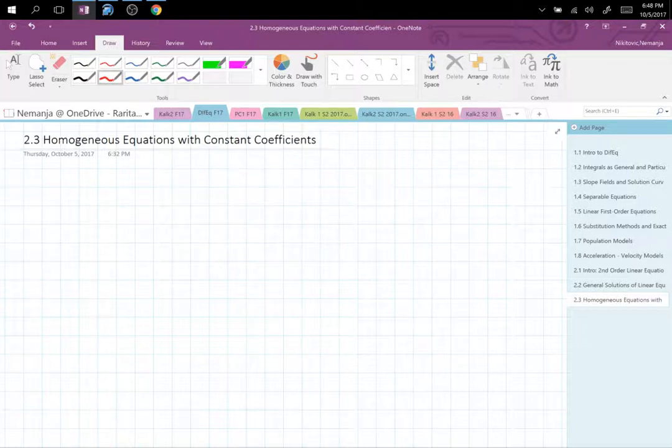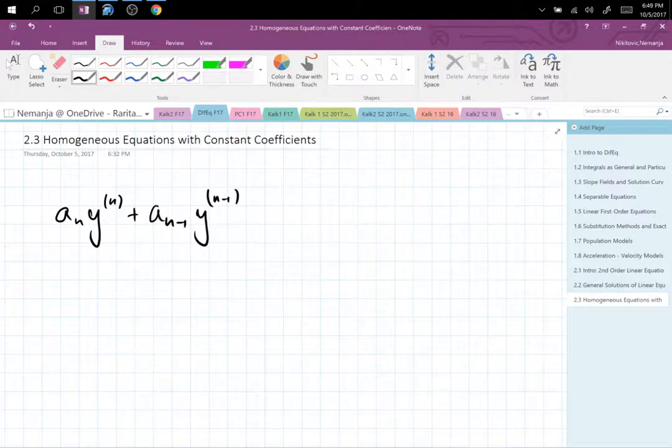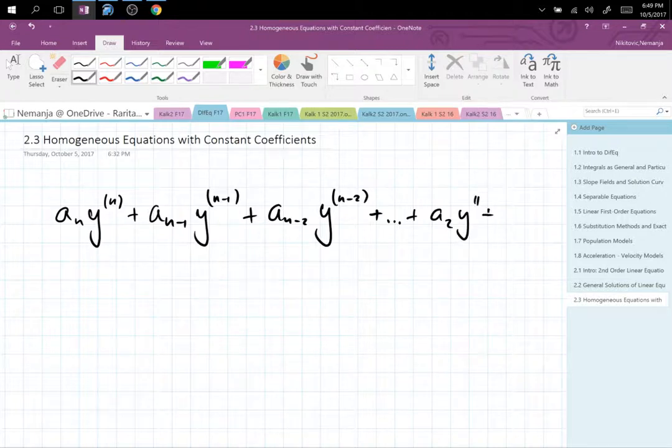So the equation will be of the form a_n y to the nth derivative plus a_(n-1) y to the (n-1) plus a_(n-2) y to the (n-2) plus dot dot dot, plus a_2 y double prime plus a_1 y prime plus a_0 y equal to 0. Homogeneous case, which means equals 0 on this side.